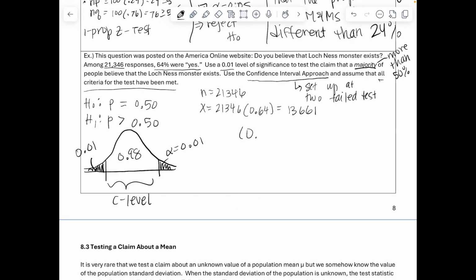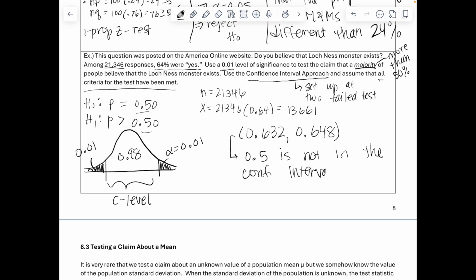From the graphing calculator, we get a lower bound of 0.632 and an upper bound of 0.648. And so you need to check to see if that value that you had in your hypotheses is in this interval. And you'll notice that 0.5 is not in the confidence interval. So since it's not in there, we are going to reject H naught.